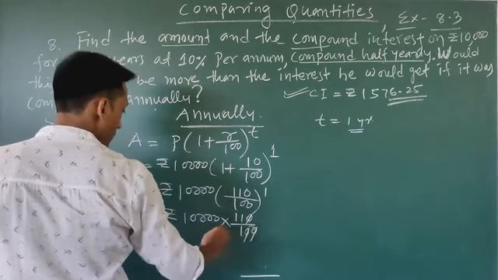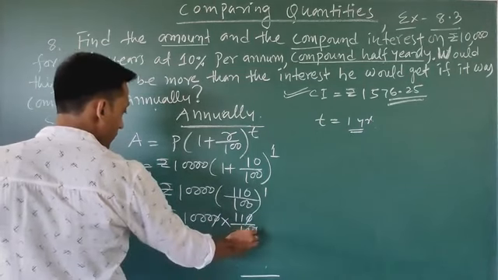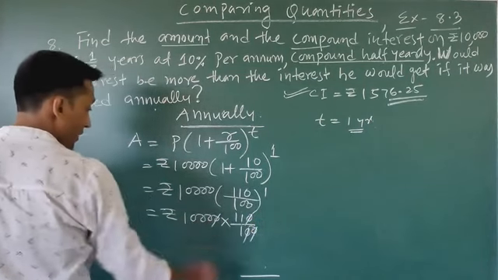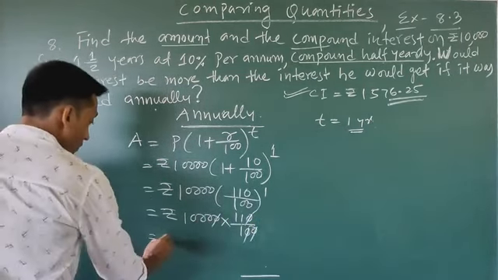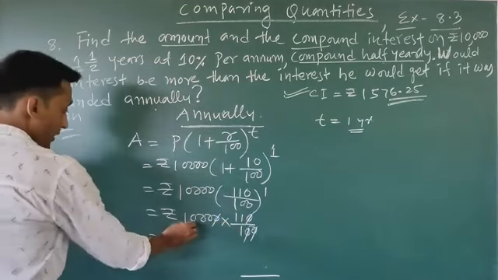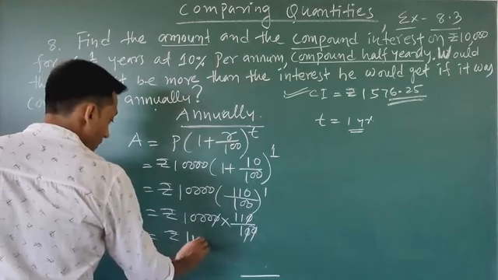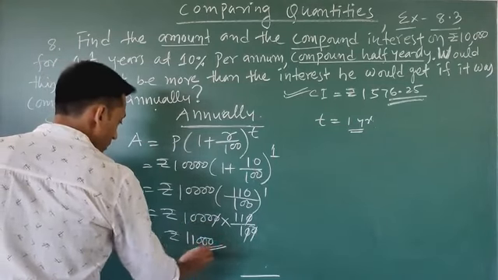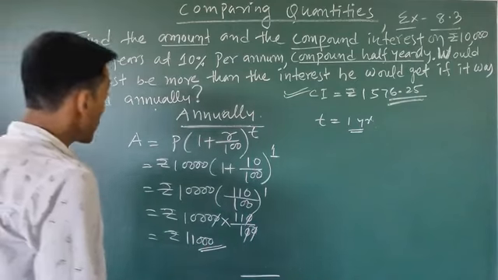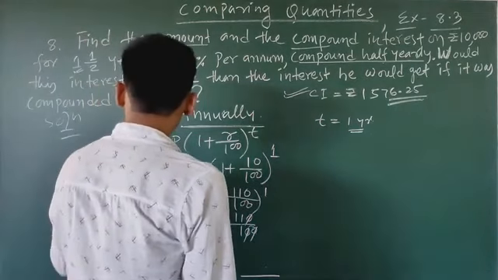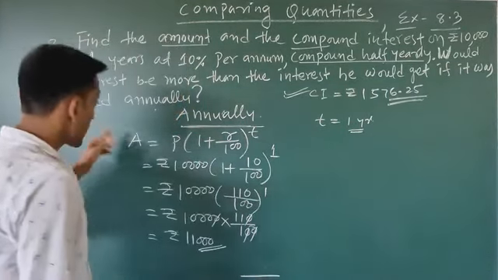The zeros cancel, so we have 11 into 1000, that is 11,000. This is the amount when interest is annual after 1 year.